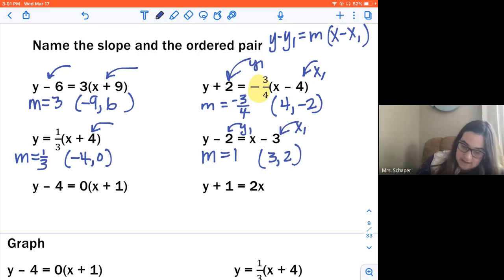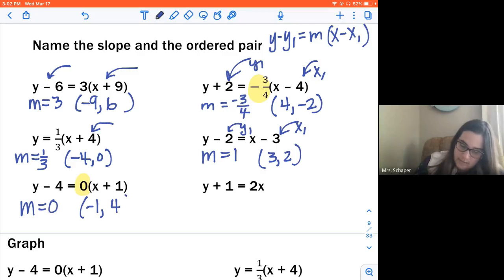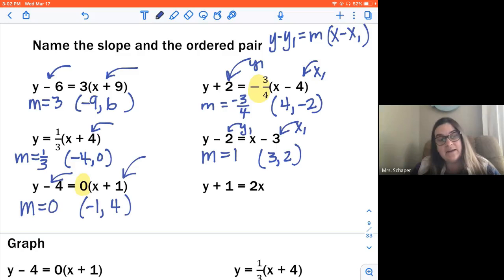When I look at this next one, my slope is 0. That's the number preceding the grouping symbol with x. Then my ordered pair is -1, 4. I pick the number and the opposite sign, pick the number and the opposite sign. So -1, 4. And last, my slope is 2.